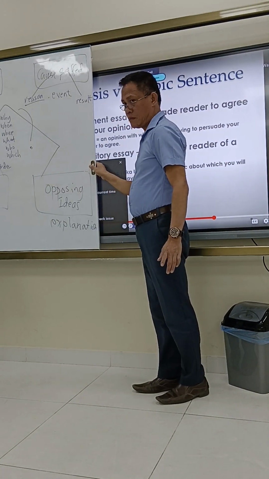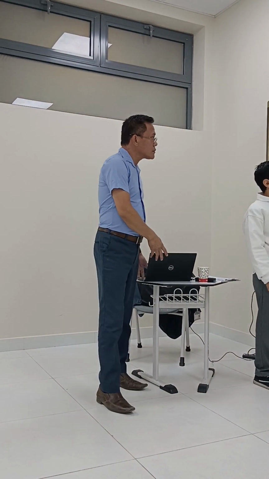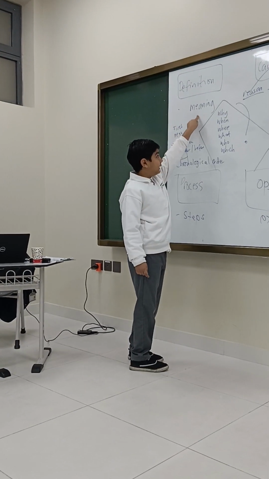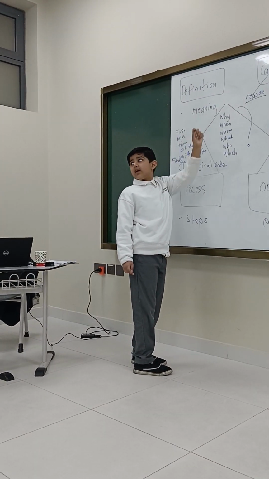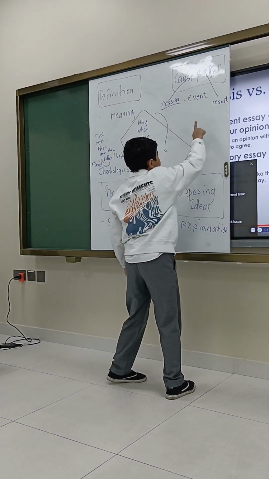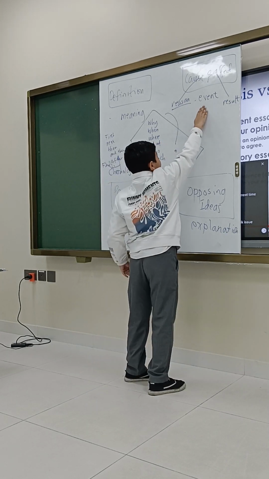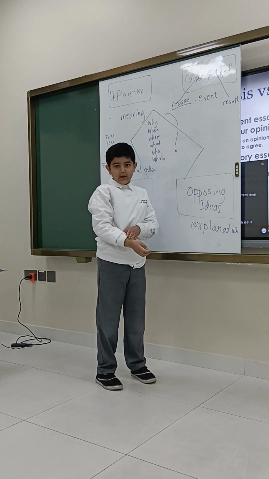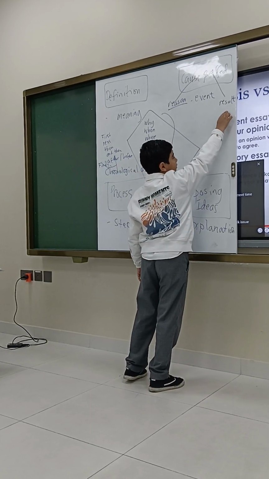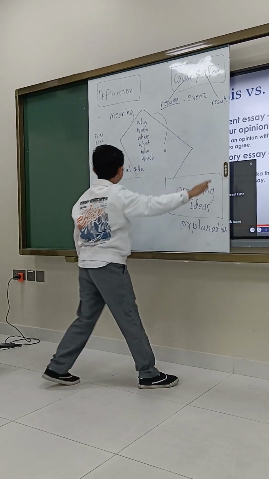And in the expository essay, you can think about what to put: the definition, which is the meaning, and the cause and effect. The cause is like for an event, if an event happens, there is a reason for it to happen, and then the effect is when we see what happens from that reason.